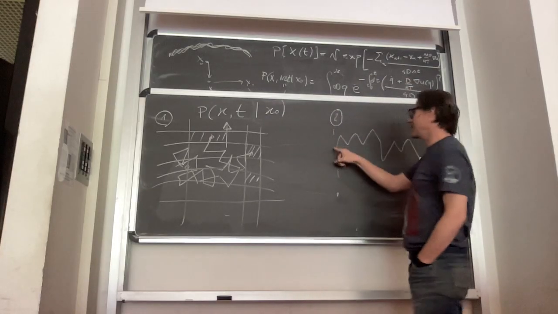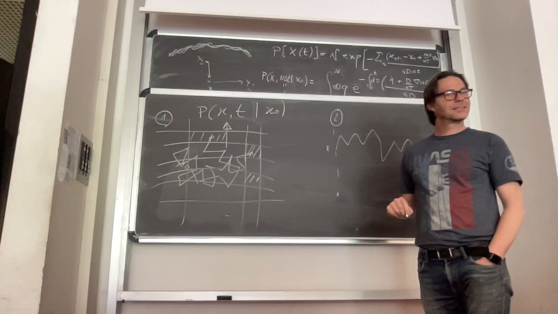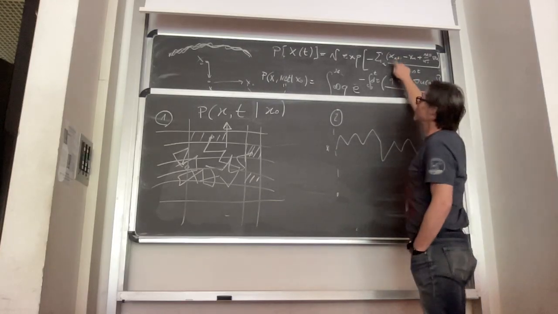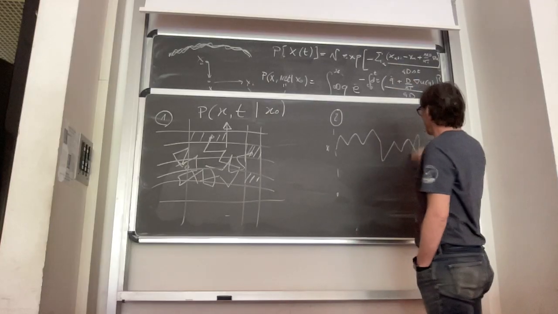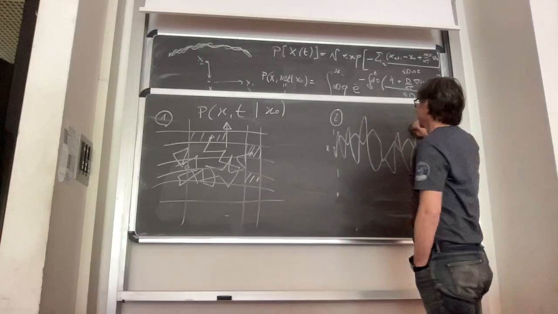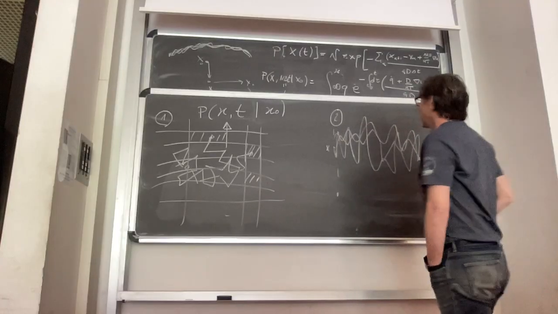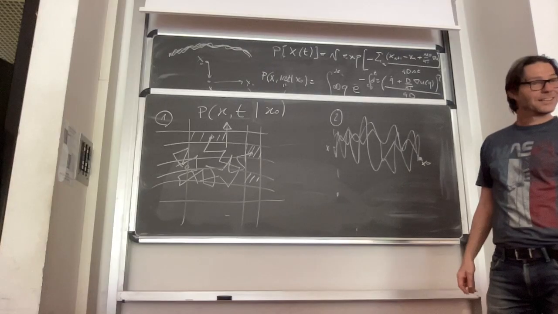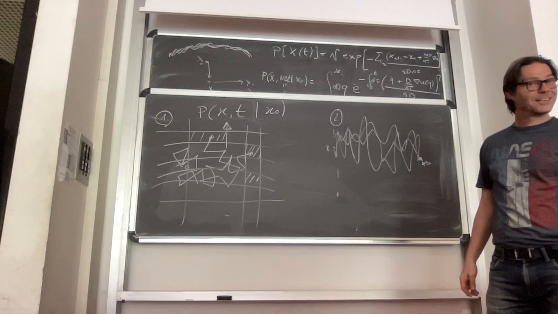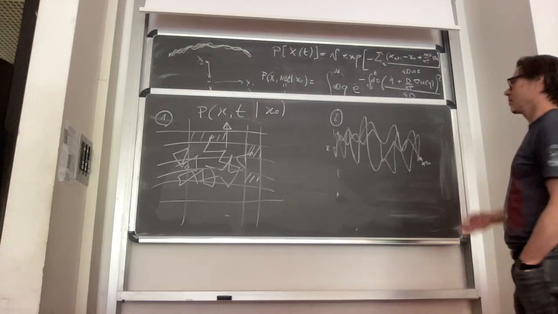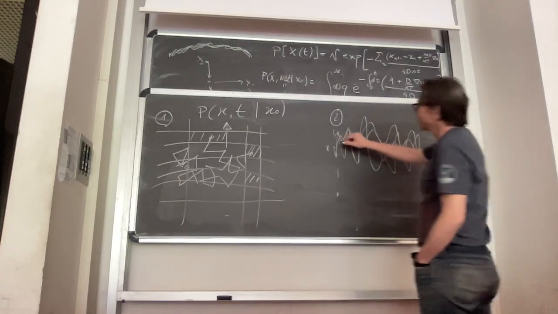So you want the probability in X, evaluate this, including a normalization for all the paths, and this will give you the probability in X, right? So basically, to be specific, what do you do?